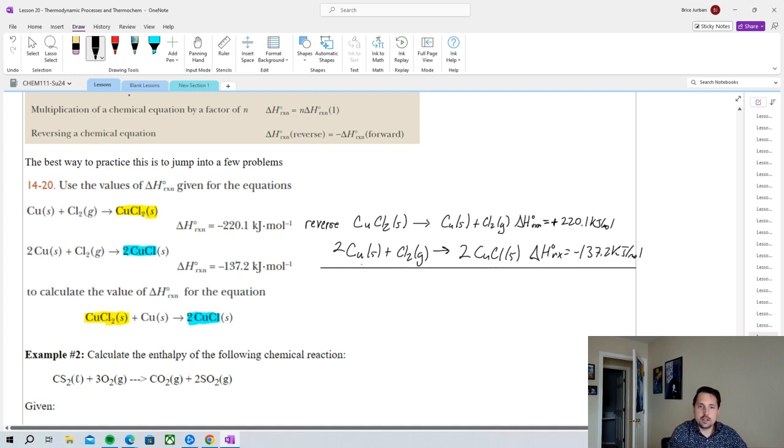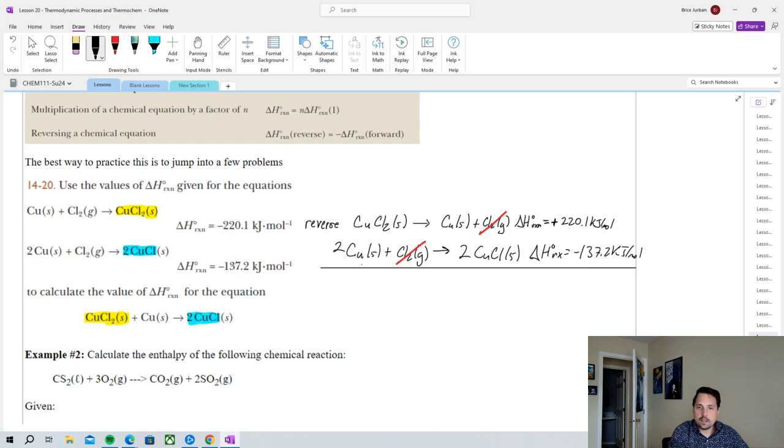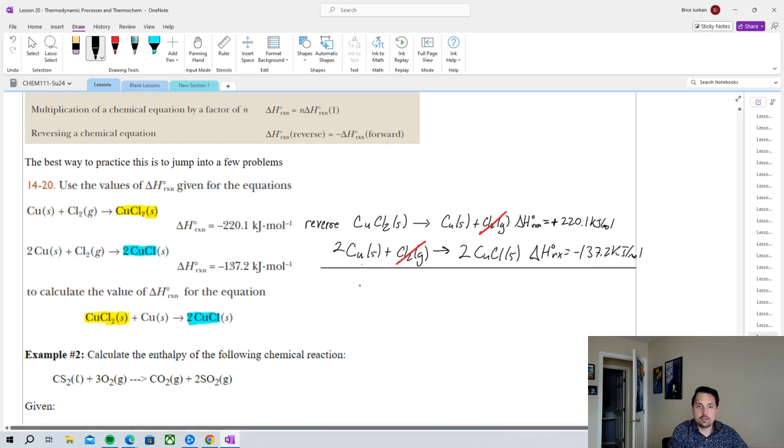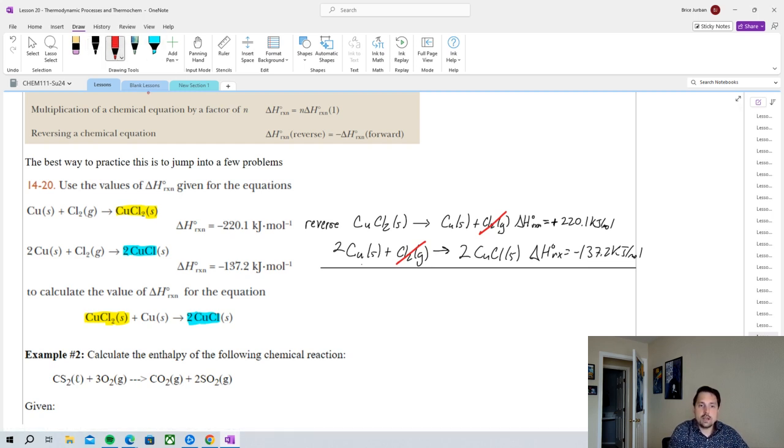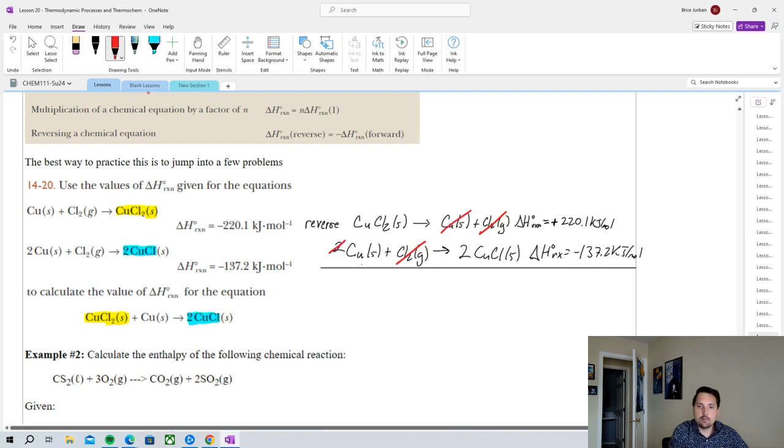Let's add them together. What we see when we try to add them is that chlorine is on both sides of the reaction. Kind of like when we're writing a net ionic equation, these are acting as spectators, and they don't show up in the overall final reaction. When we add the coppers together, there's 2 moles of copper in the bottom reaction but only 1 mole of copper in the top reaction, so that simplifies down to 1 copper as a reactant.